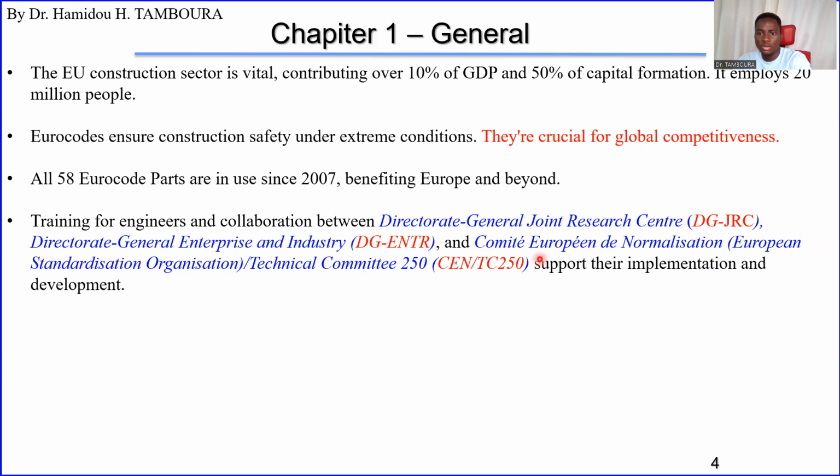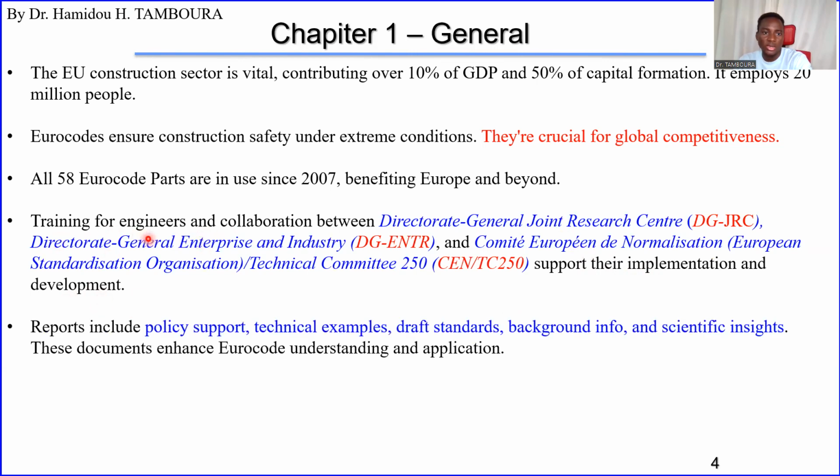These three, they actually supported the implementation of and development of this Eurocode and training engineers.